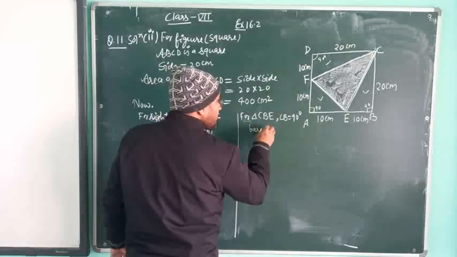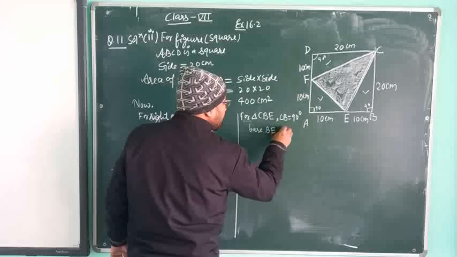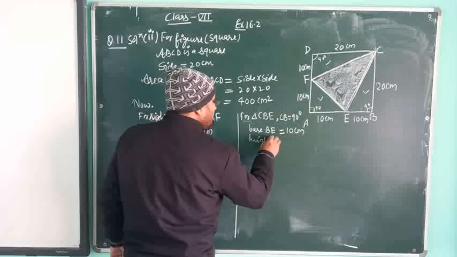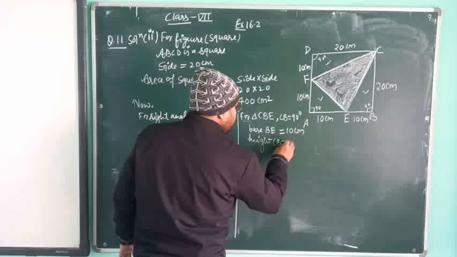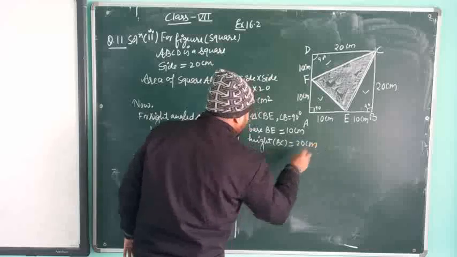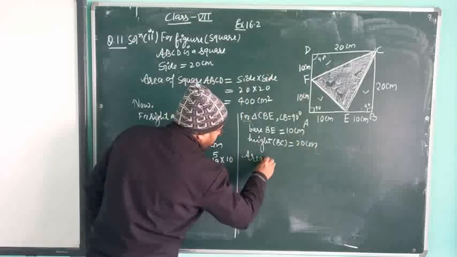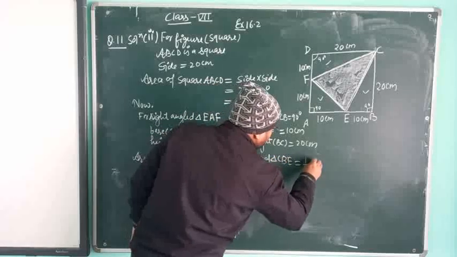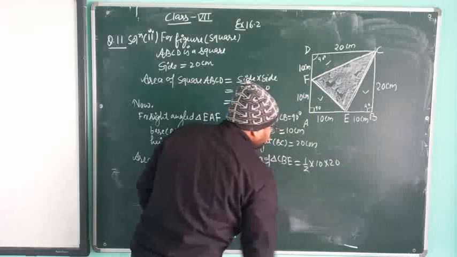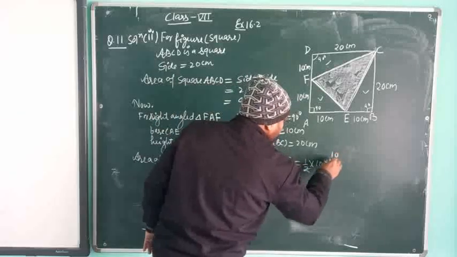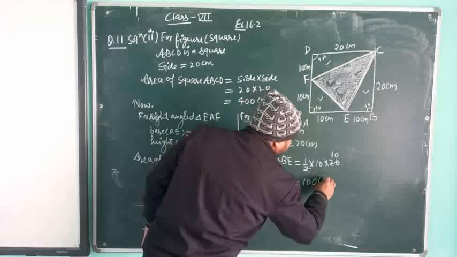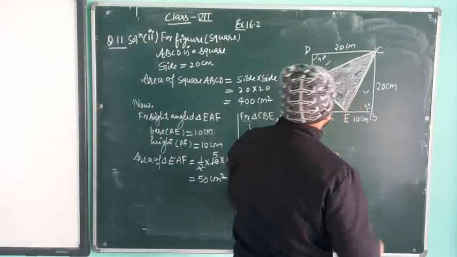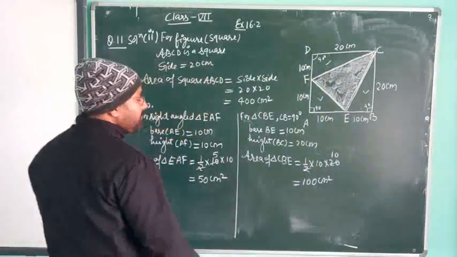Base BE is equal to 10 centimeter and the height BC is equal to 20 centimeter. Area of triangle CBE is equal to 1 by 2, 10 into 20. So I am getting 100 centimeter square is the area of this part. Now I am going to talk about the area of this part.